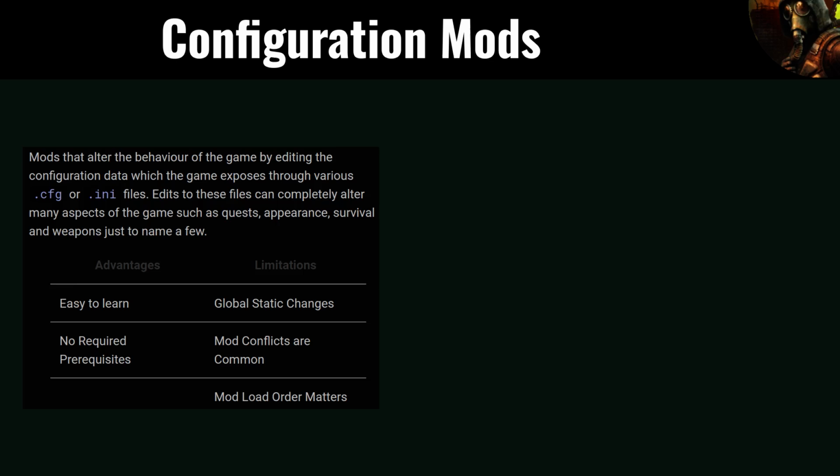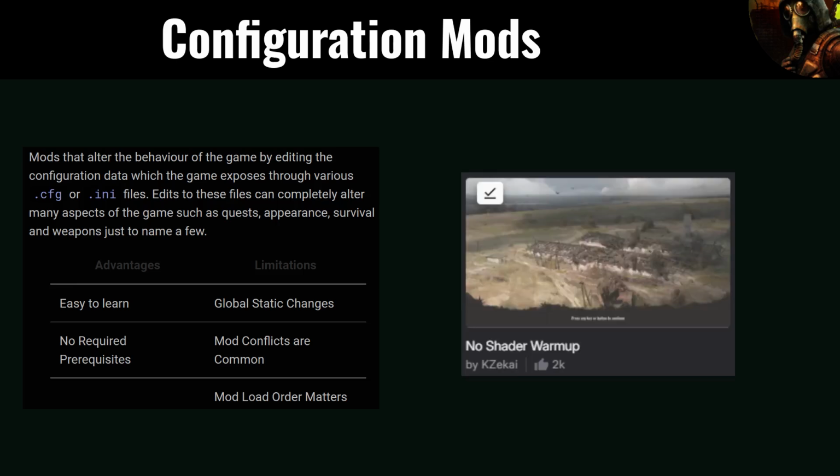I think the best example of a configuration mod and how simple they can be versus how impactful the mod ends up being is the no shader warm-up mod. It's a mod I've used since I first started playing Stalker 2, and it only changes one line in the configuration files.